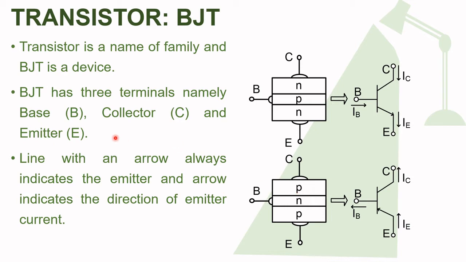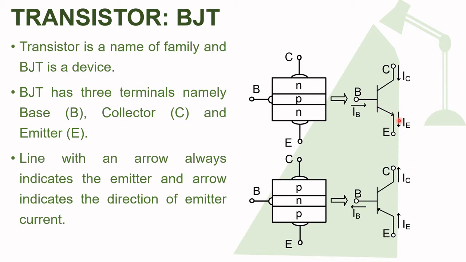BJT has 3 terminals, namely base, collector and emitter. These are the symbols of PNP and NPN transistors. In the symbol, we can see there is a line with an arrow. The terminal with line and arrow always denotes the emitter of the device.